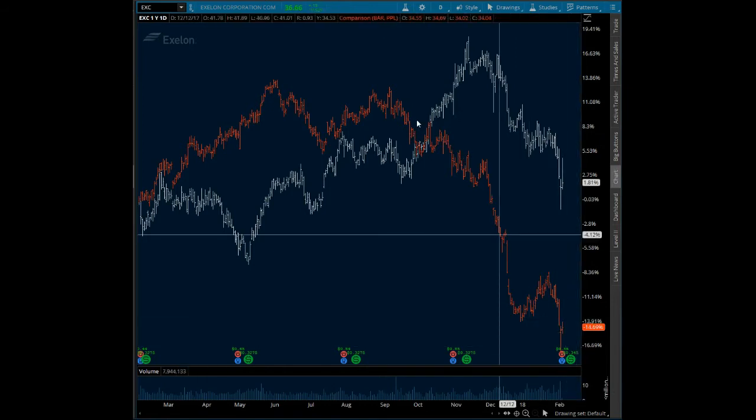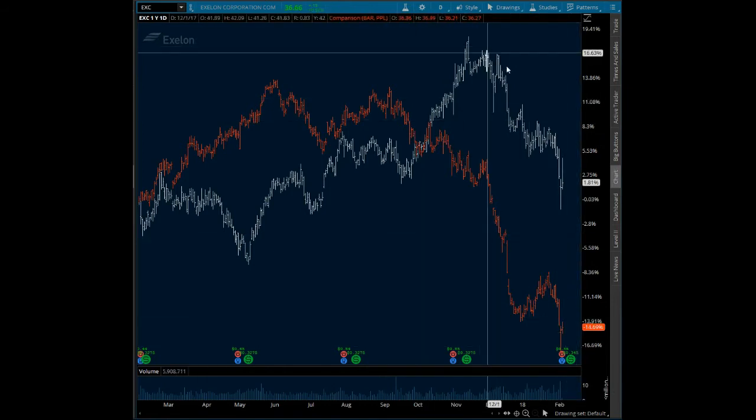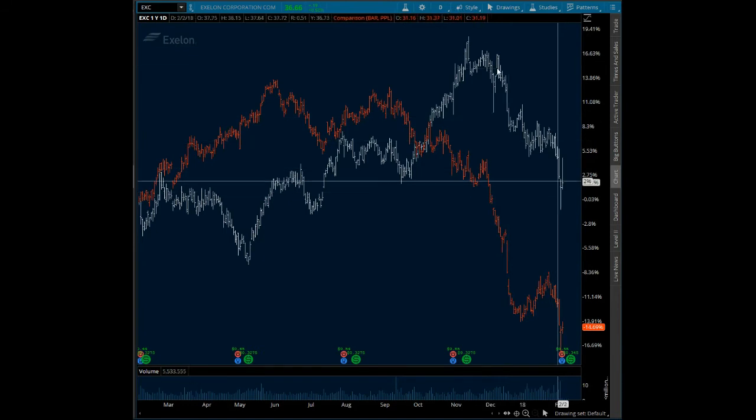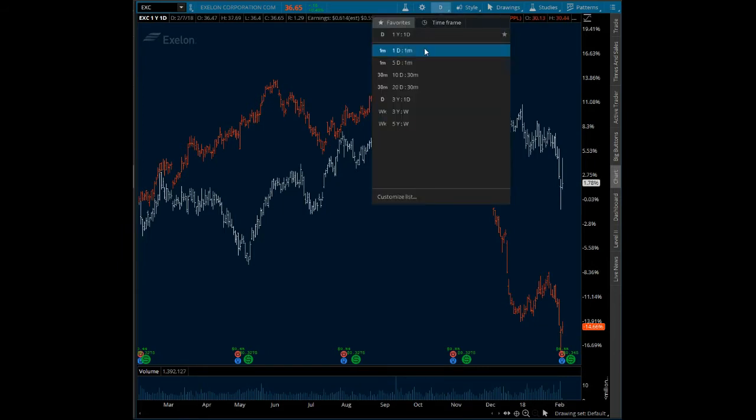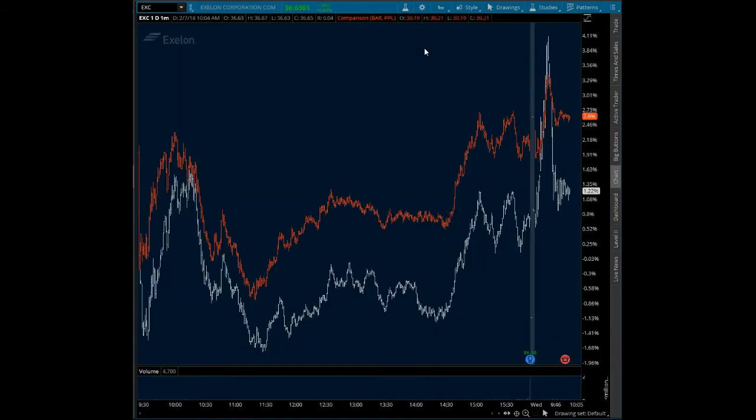You can see why I wanted to short EXC, okay? But I don't want to short it naked, right? When you're managing other people's money, you always want to be controlling that risk.